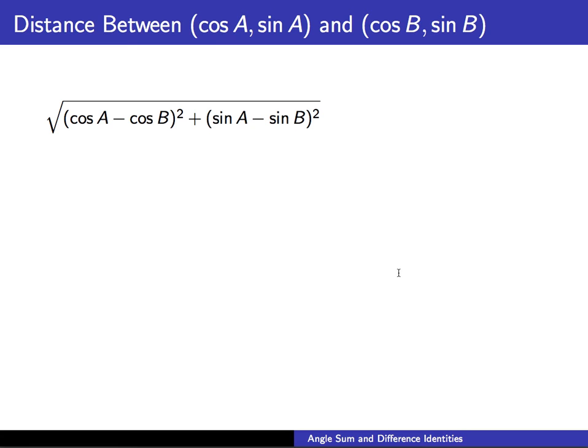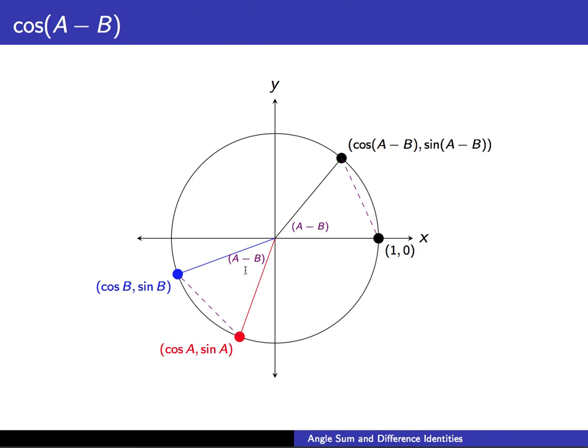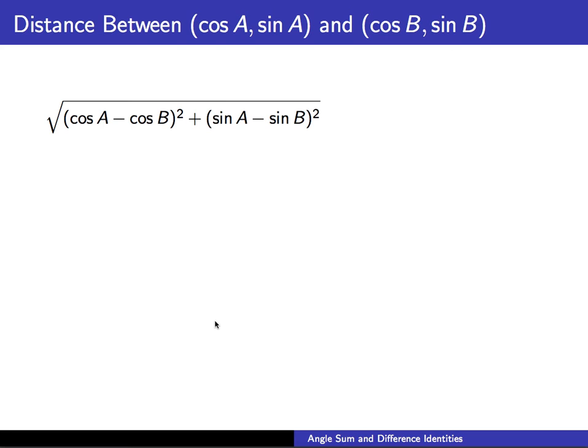So if we look at the distance between the cosine A, sine A, and cosine B, sine B, in other words, the length of this dashed segment, then it's the difference in x values, cosine A minus cosine B, squared, plus the difference in y values squared. So it's the Pythagorean theorem.